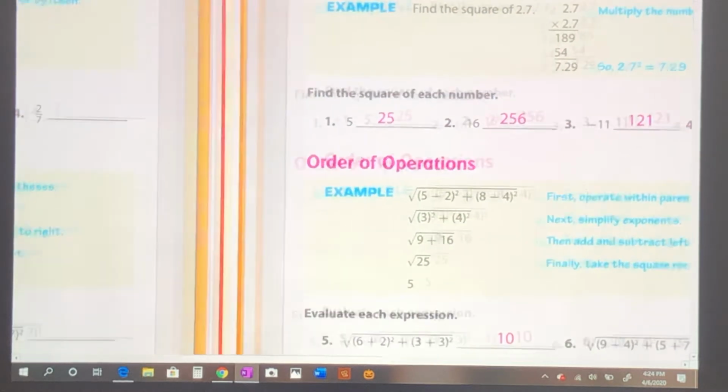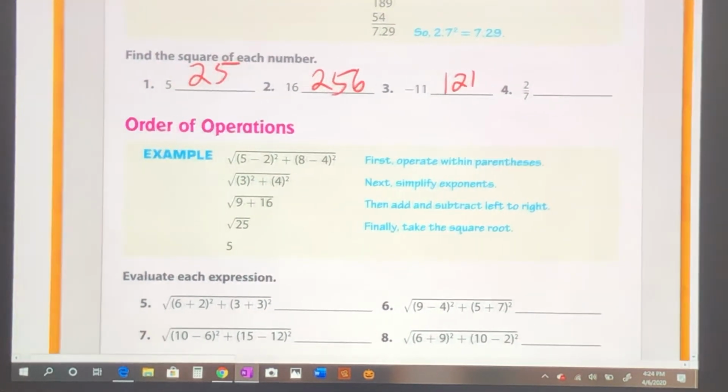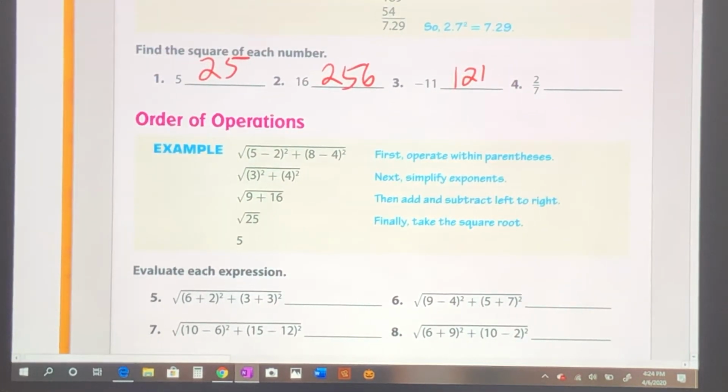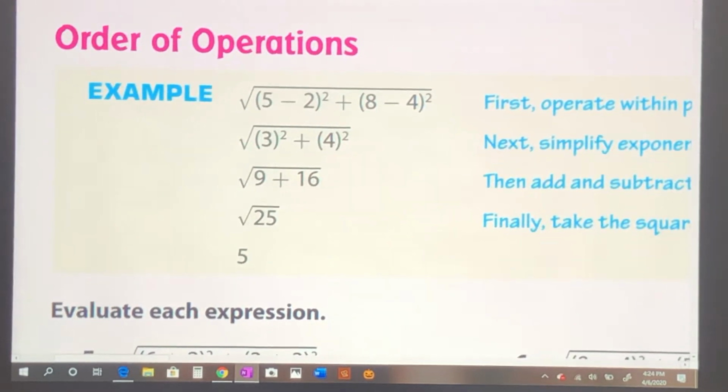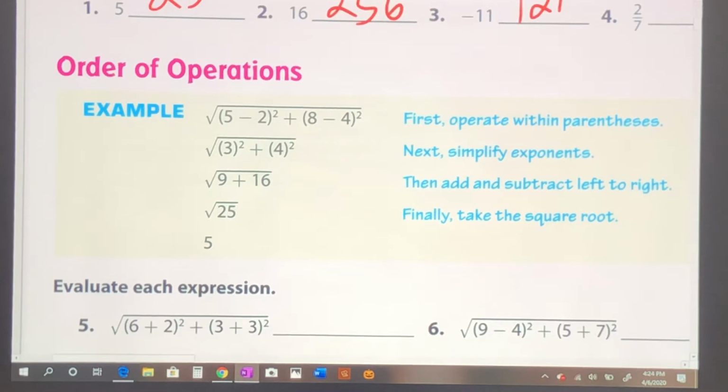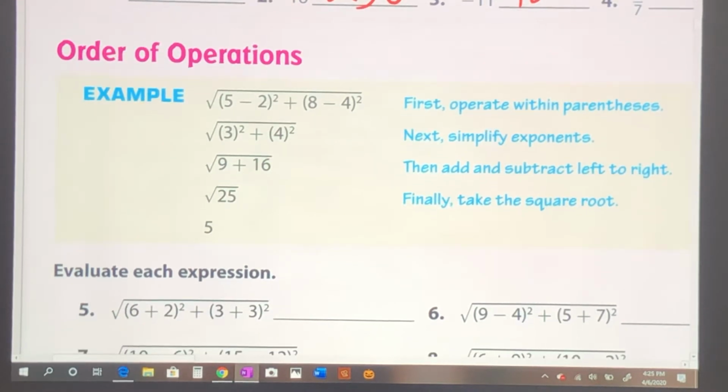Okay, let's go down to the next part where it says the order of operations. First, they want you to operate within the parentheses, inside here and inside here.